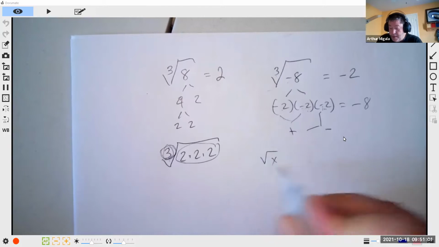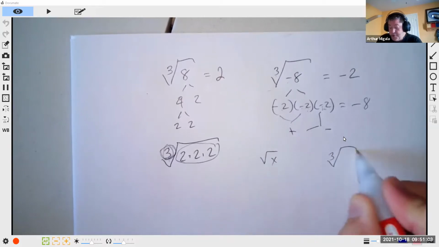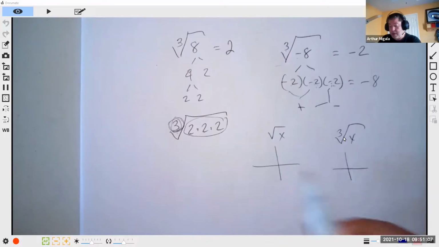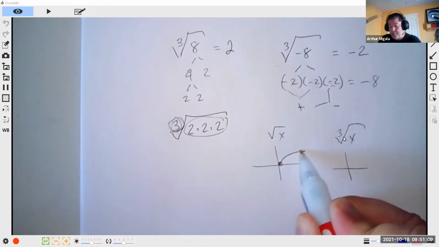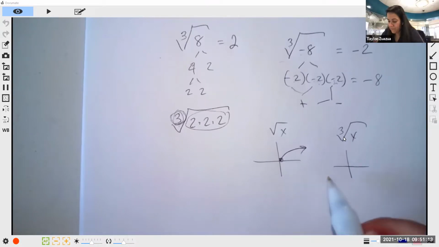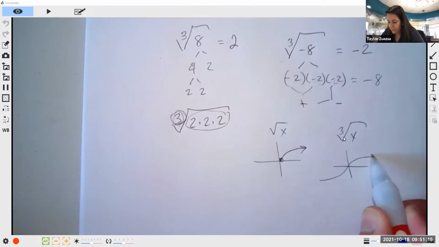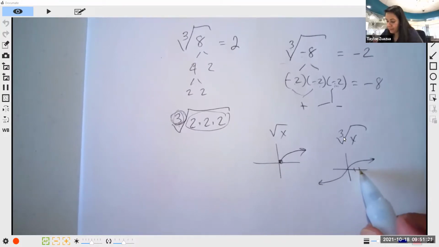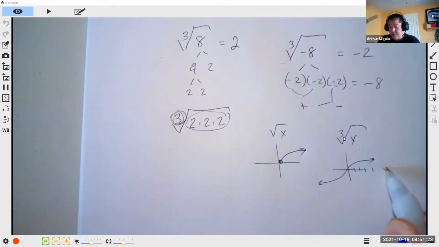Also, let's look at the graphs of our functions. The square root looks like that. The cube root looks like this. So you can use positive x's or you can use negative x's.